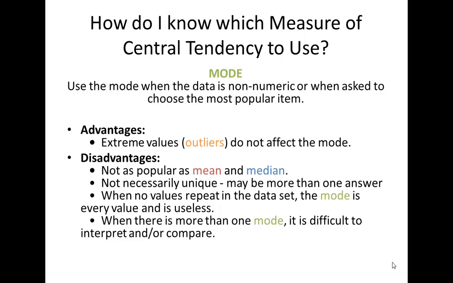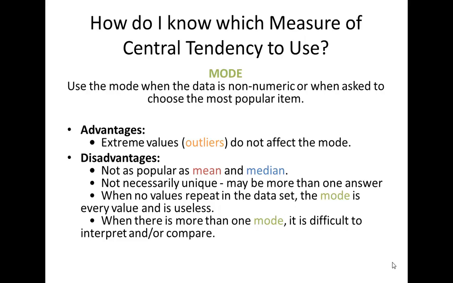What about mode? Use the mode when the data is non-numeric or when asked to choose the most popular item. This could be useful when you are looking at a dot plot. An advantage to using mode is that extreme values or outliers do not affect the mode. The disadvantages are that it's not as popular or widely used as mean and median.